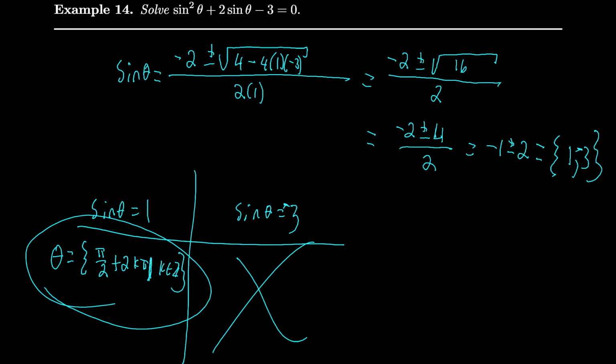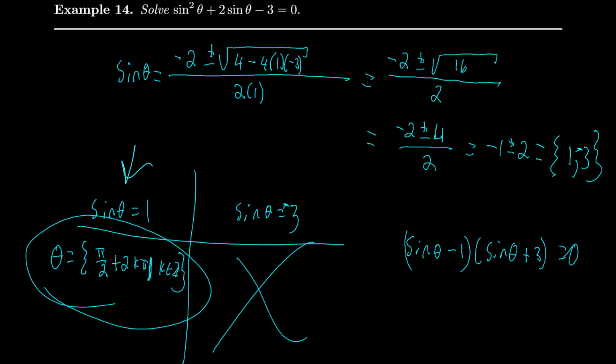But you could have just factored this as sine theta minus 1 times sine theta plus 3 equals 0. And then set each part equal to 0 and solve, and you would have got these two problems the same way. If you wanted to do it that way, factor it whatever you want to. The game was what two numbers multiply together to give you negative 3 that add together to give you 2. And clearly it's, well, what we got.